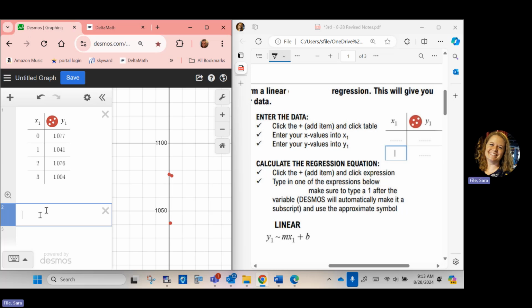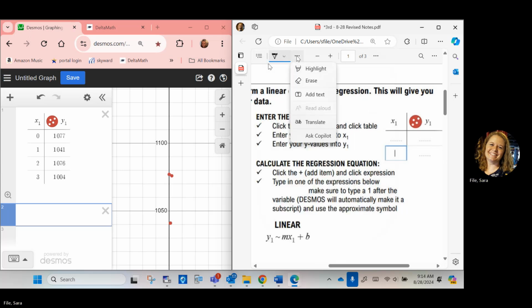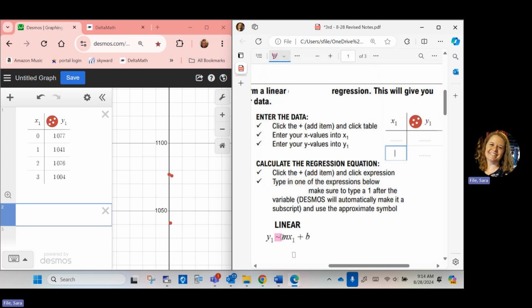Now in this second blank, it is very important that we type this exactly as we see it. Right here is what we're typing. I'm going to highlight a few things here. We have to use this tilde symbol, I think it's called.